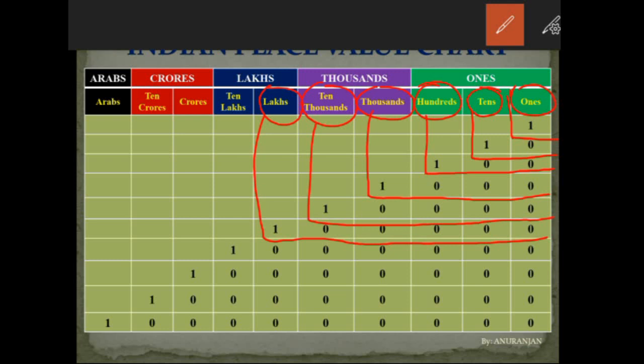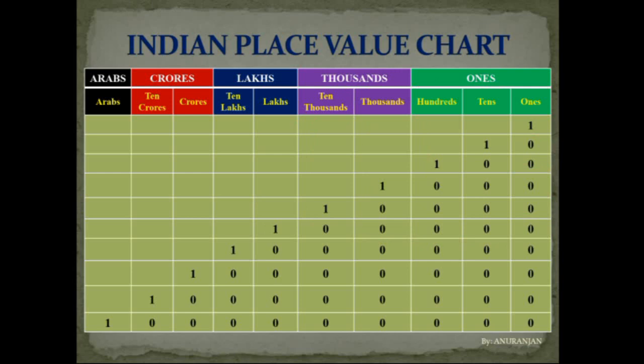So we can say that 10 is the base of this system, and this number system is also called the denary system, meaning counting is done in tens. So I hope you have understood this.